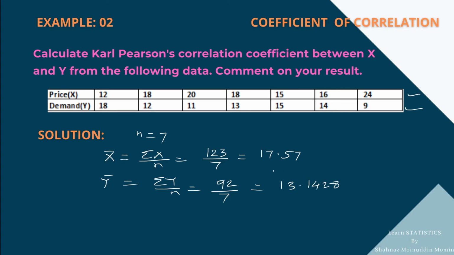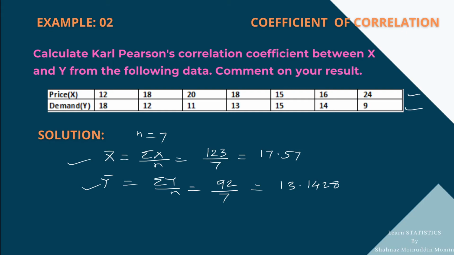By carefully observing x bar and y bar, we observe that they are not integers, so we cannot use the first method. If we use the first method, it is okay, but it will take more time and the calculations become more tedious. To avoid such a situation, we use the second method, which is the assumed mean method.